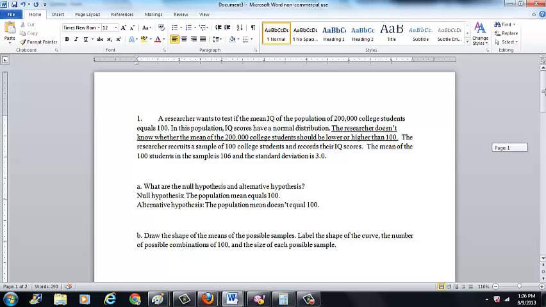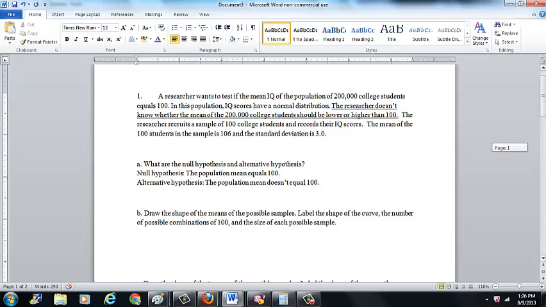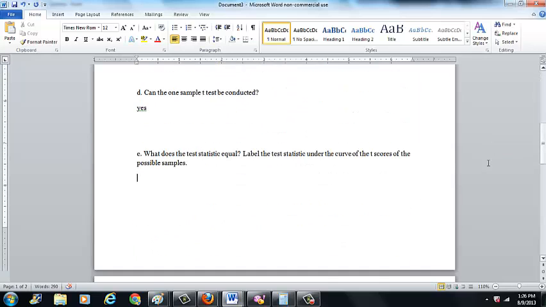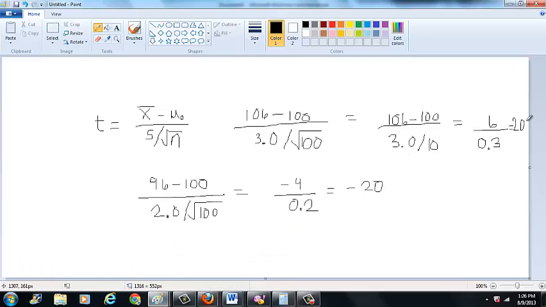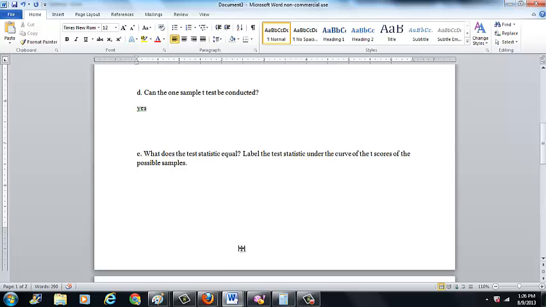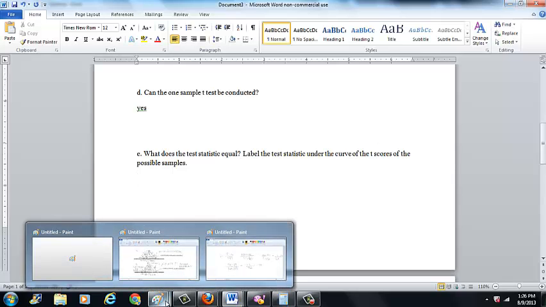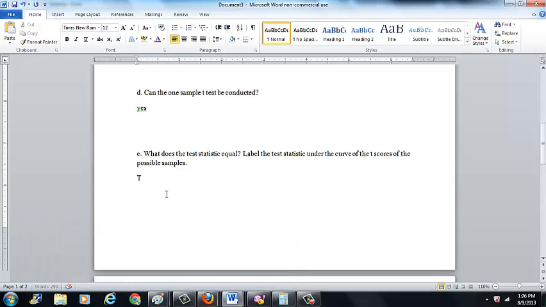This time we have the mean of 106 and the standard deviation of 30. So we'll end up with this number again. We'll end up with positive 20, which means the test statistic is 20.